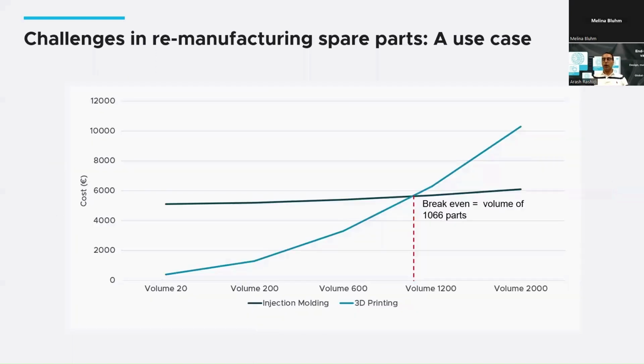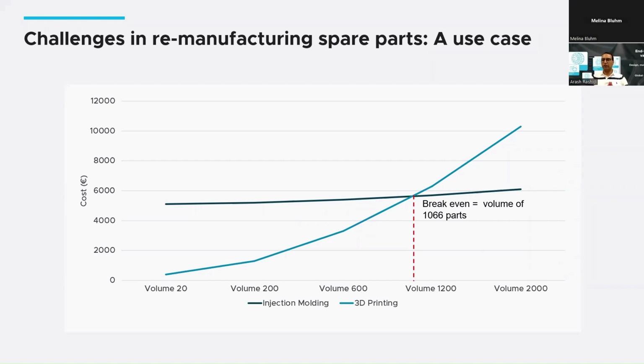But if you do the calculation on this total cost, and this is a relatively simple calculation, you can of course take also into account other costs, for example, like keeping the molds. You need the inventory, and these are the inventory costs for keeping the mold and all this stuff.